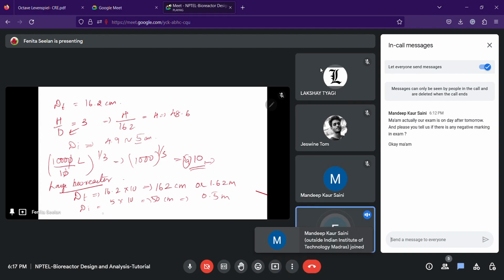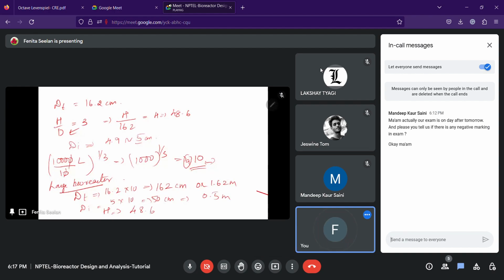So your height of the reactor is 48.6 centimeter, means it will be 4.86 meter.